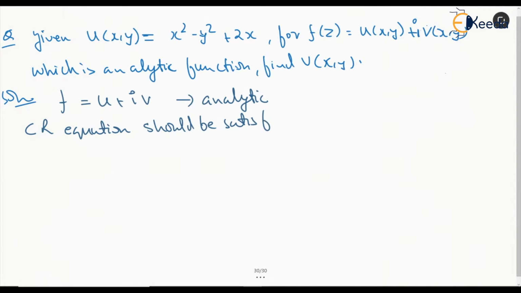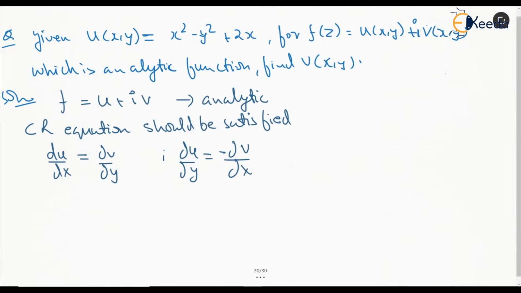That is, du by dx should be equal to dv by dy, and du by dy should be equal to minus of dv by dx, right?